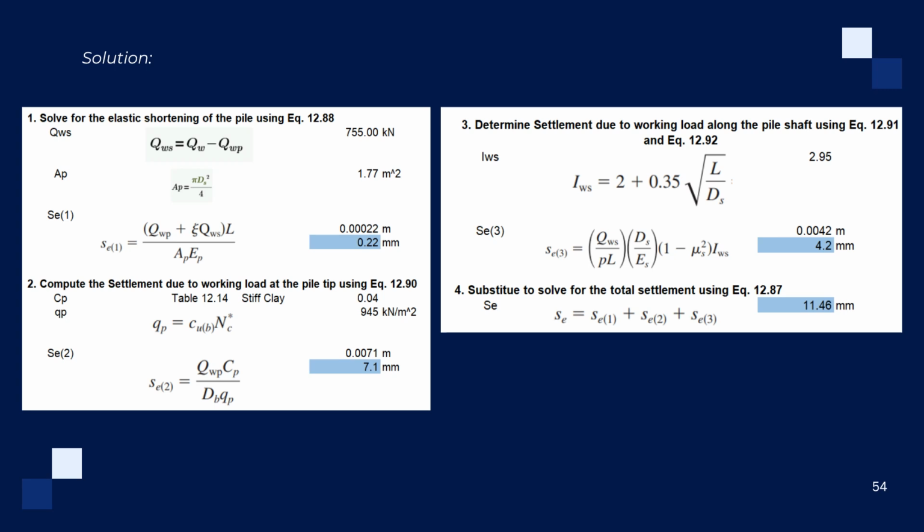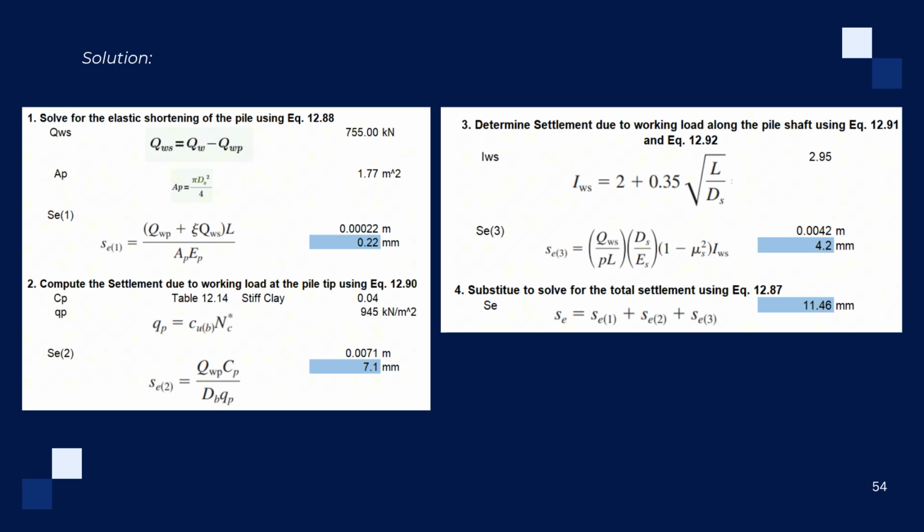So first, we need to solve for the elastic shortening of the pile using equation 12.88, where Qws is equal to Qw minus Qwp, which is 755 kilonewton, where Ap is just equal to pi over 4 times Ds squared, which is 1.77 meters squared.